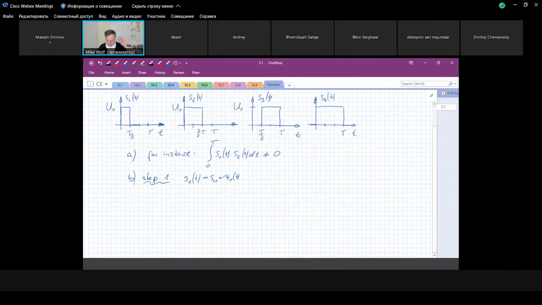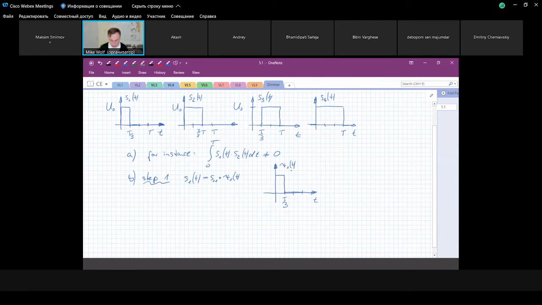So if we only use one basis function, the first basis function looks exactly like the first signal. So we can draw it here. This is the first basis function. This is the time t. Here we have T by 3. This is T. And then this is the shape of the first basis function.